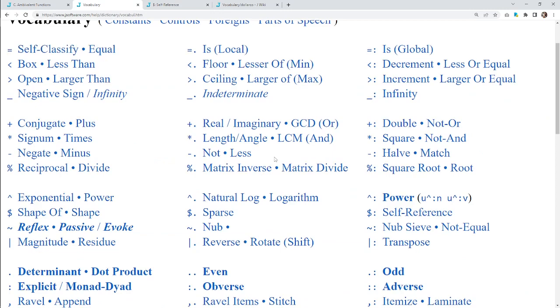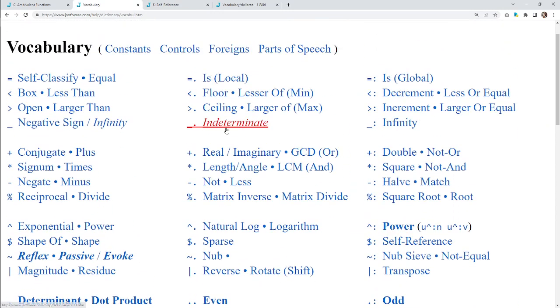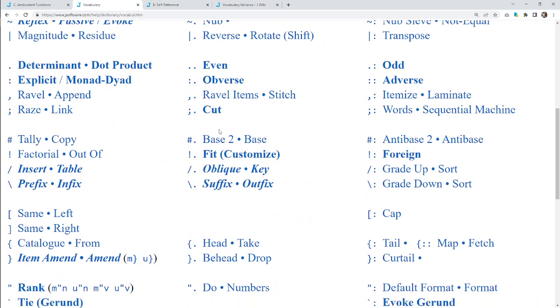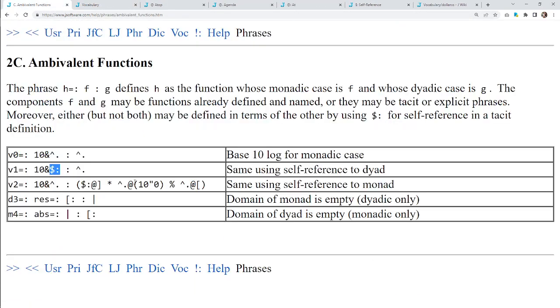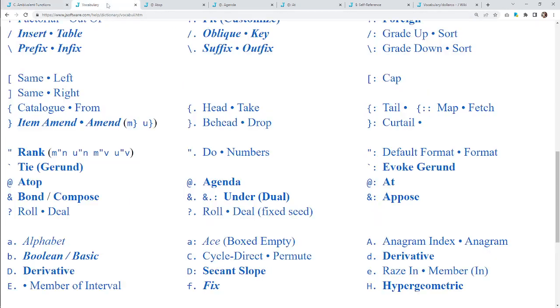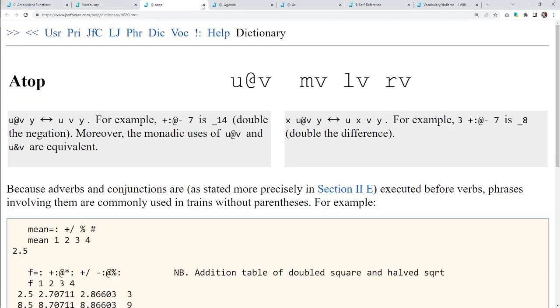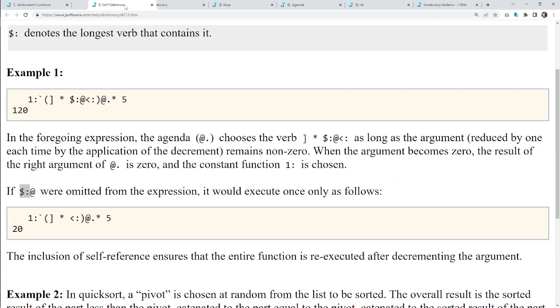I mean, we saw the at sign before. Soon I'm going to get to the point where I'm not even going to look these things up in the dictionary. Oh, a top, of course, a top. I do not know what agenda or at are. I do know what a top is. Where does my self-reference guy go? Here he is. Okay.